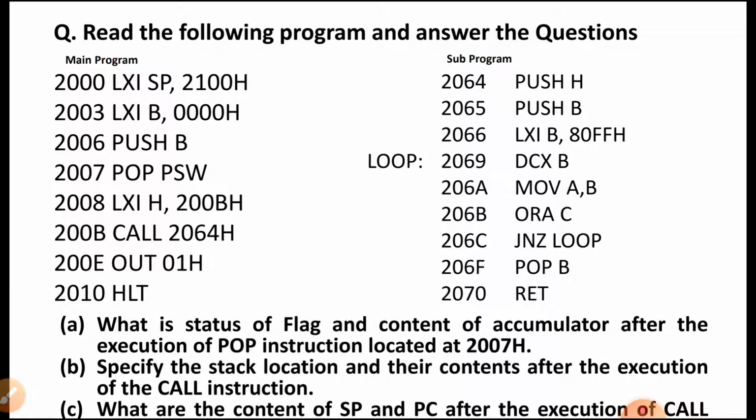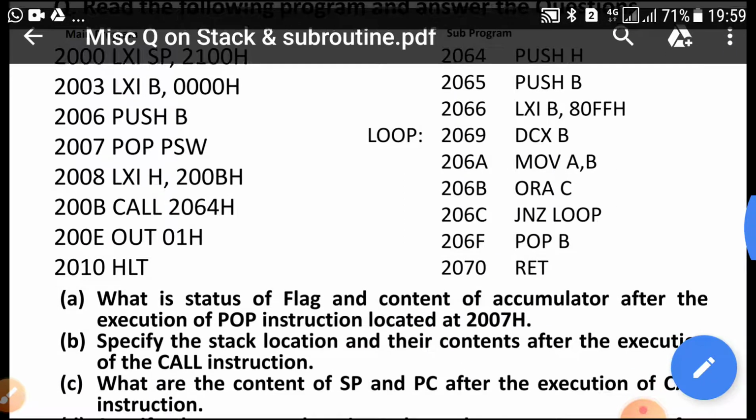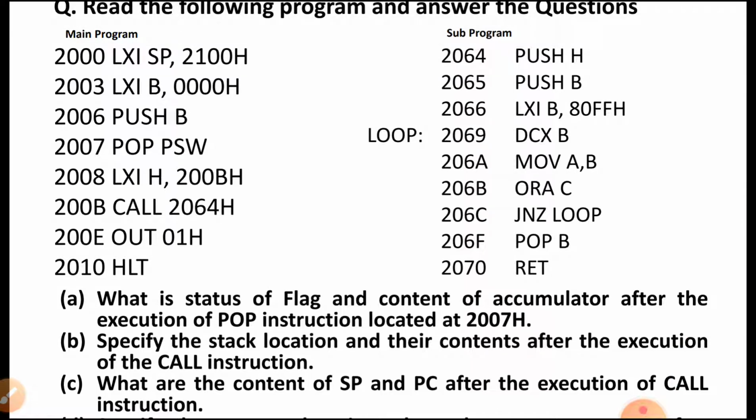So 2100 will be stored in the stack pointer. The second instruction is LXI B 0000. So the BC pair will be loaded with 0000, and then the third instruction is push B. What push B will do is copy the content of the BC pair register into the memory location meant for the stack.